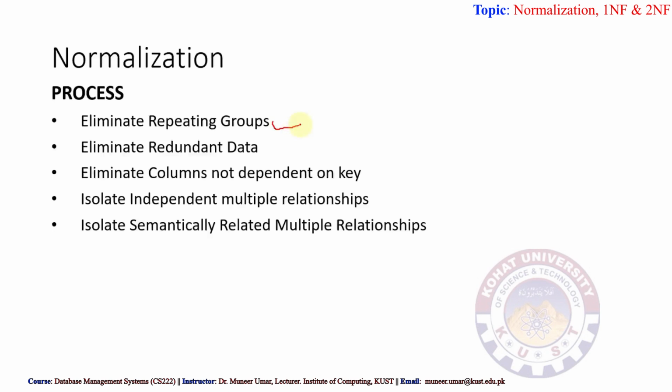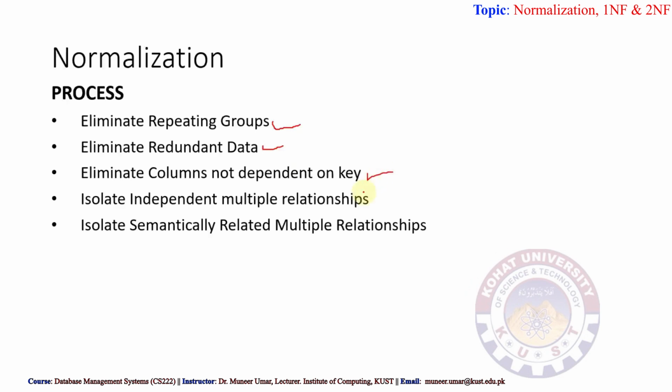For eliminating redundant data, if an attribute depends on only part of a multi-valued key, remove it to a separate table. For the third point, if attributes do not contribute to a description of the key, remove them to a separate table.